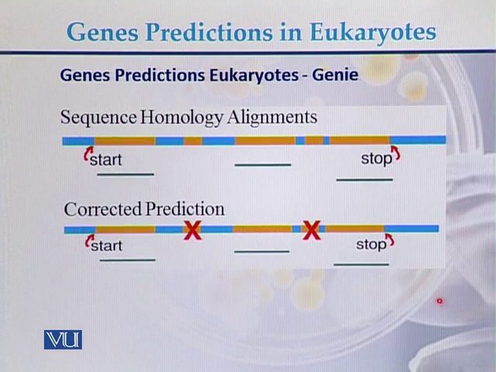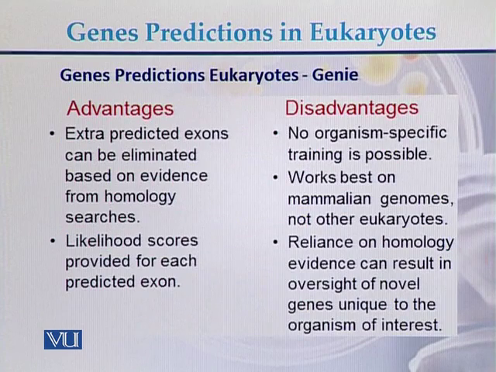But by performing sequence homology alignments, the irrelevant or wrongly identified exons can be eliminated. So here we can see that by sequence homology alignments, the exact exons have been identified. So this tool, called Genie, is used for gene prediction in eukaryotes.